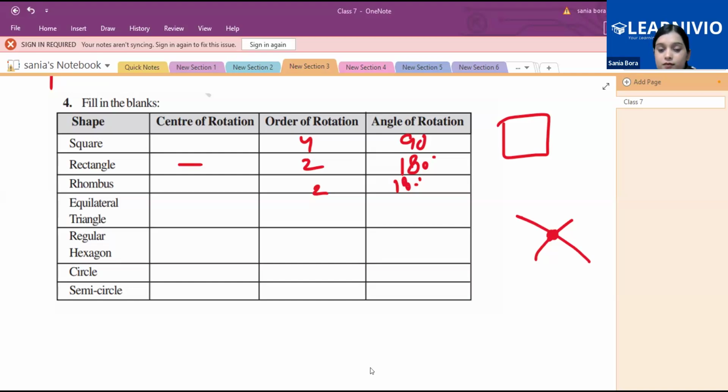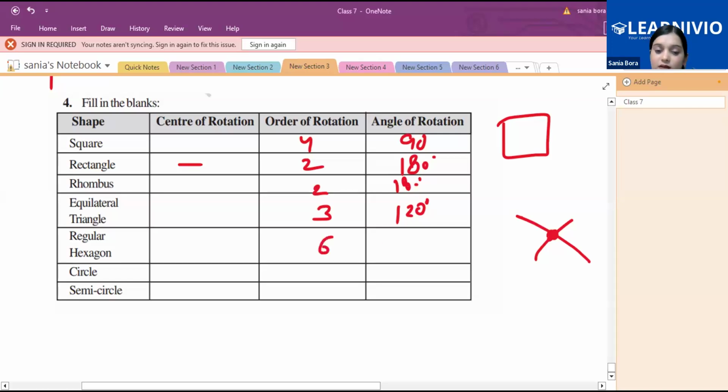The order of rotation is going to be 3, and the angle of rotation, I don't remember what it's called, I think it's going to be about 120. 120 plus 120 plus 120, so we have to divide it accordingly. Next, regular hexagon. The angle of rotation is 360 divided by the order of rotation.